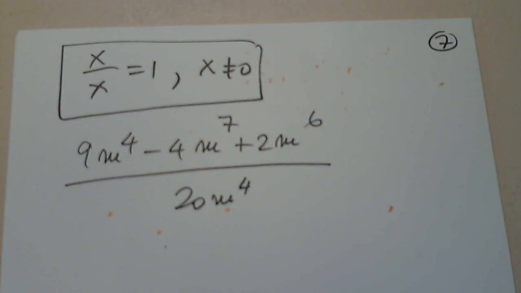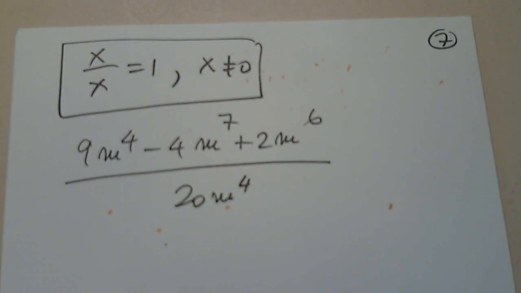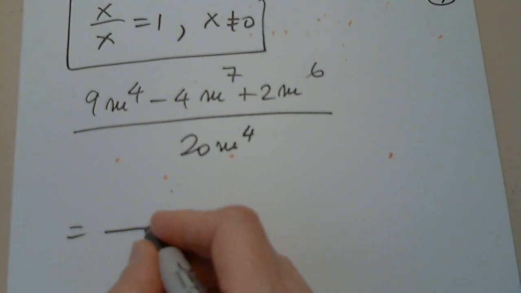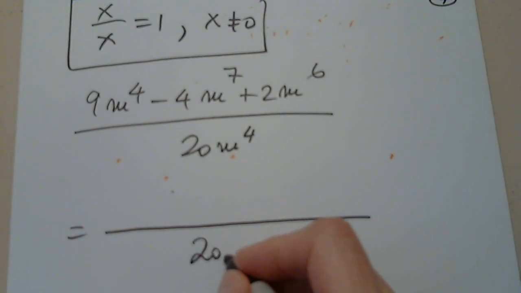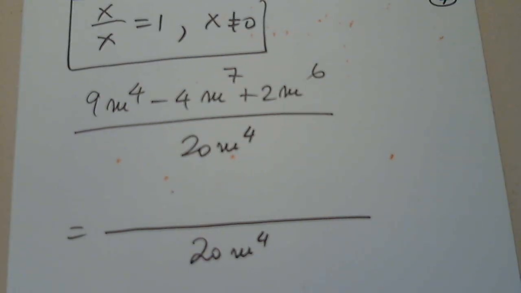Which option would you like to work on this one with? Option 2. Very good. We can work on option 2 first, and then we can use option 1 and separate it. It doesn't matter. After it's simplified, we can separate it, or we can separate it and then simplify. It's the same thing.